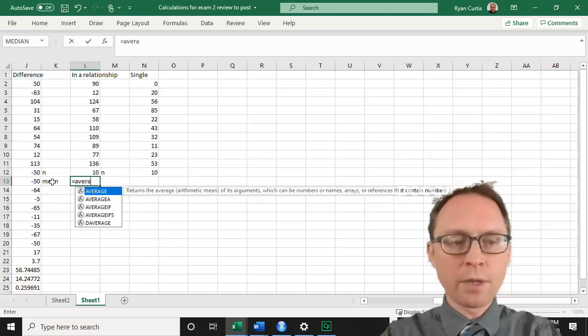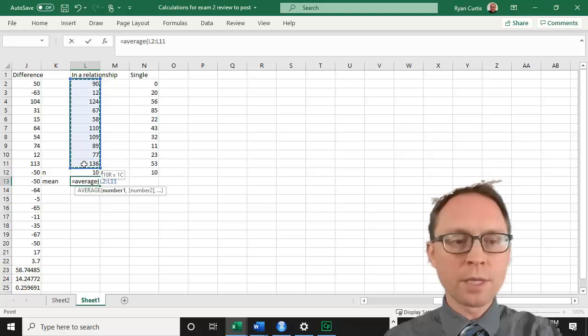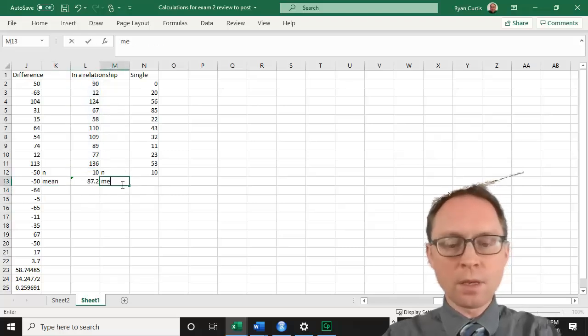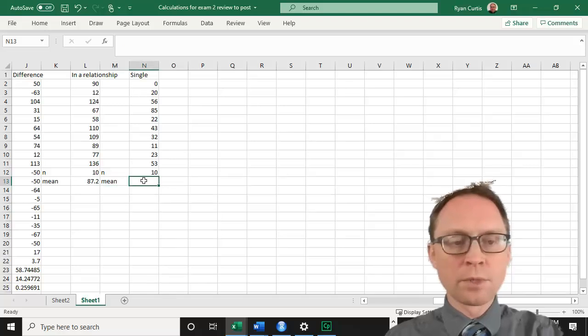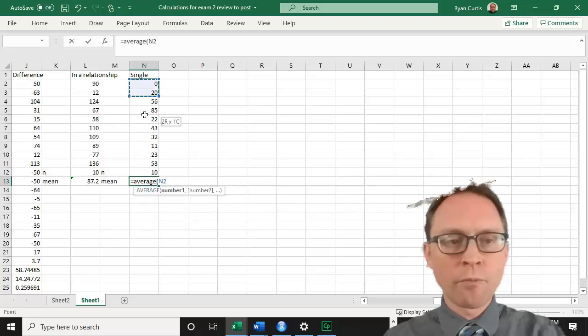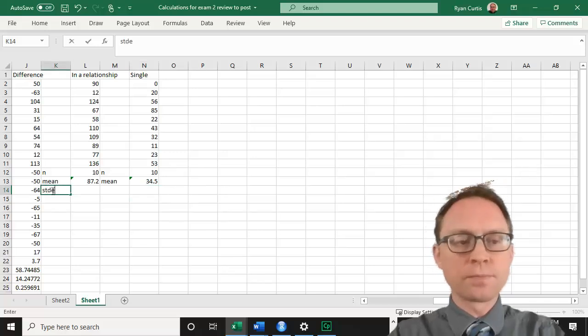equals average of these people right here, these 10 people. And the mean sub 2 is going to be right there. Great.